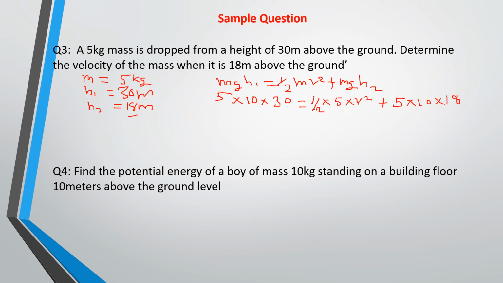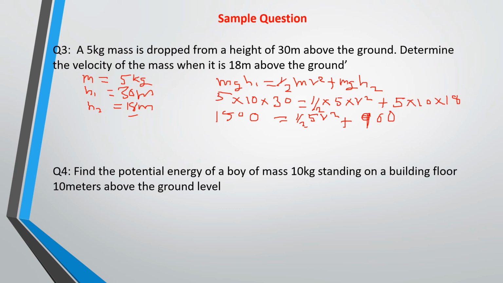So you can actually work this out. 5 times 10 times 30 is 1500. So 1500 is equal to half 5 v squared plus 5 times 10 times 18, which is equal to 900.